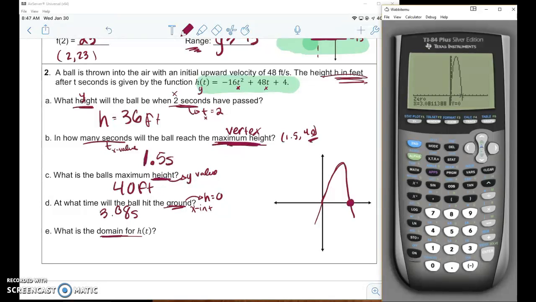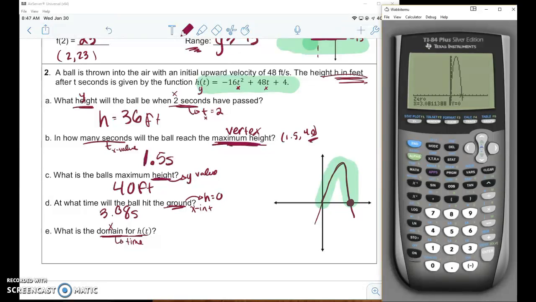What is the domain for the function h of t? Normally for parabolas, when we are not working a word problem, our domain is all real numbers. But for word problems, we only need what is meaningful to this problem. So domain means x, which in this case is time.